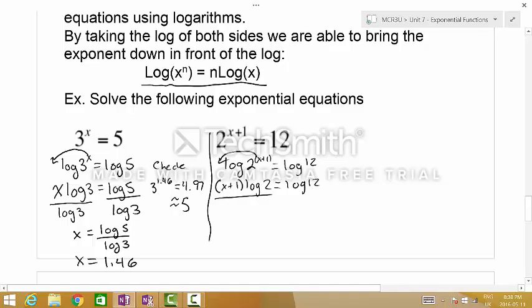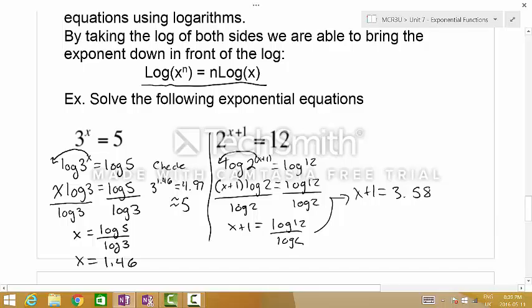We want to get that x plus 1 on its own, so we're going to divide both sides by log 2, and what we end up with is x plus 1 equals log of 12 over log 2. Log 12 over log 2 is 3.58.